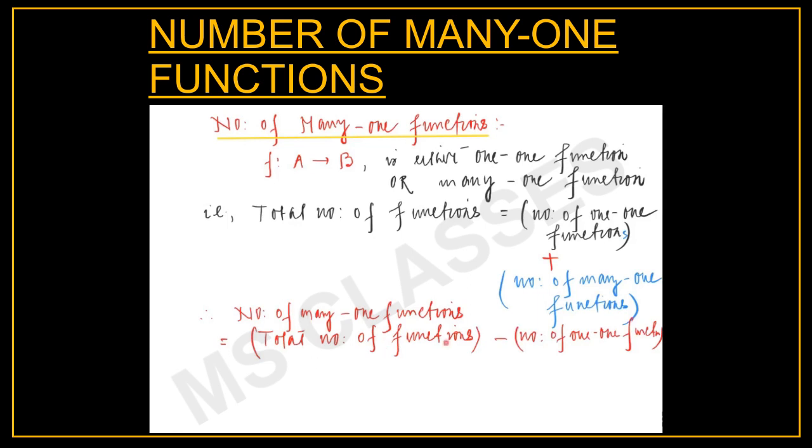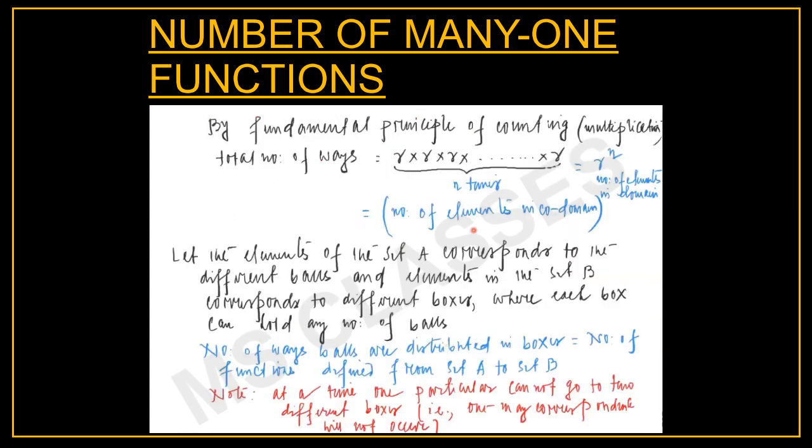Total number of functions we already know is R to the power of n: number of elements in the codomain to the power of number of elements in the domain.